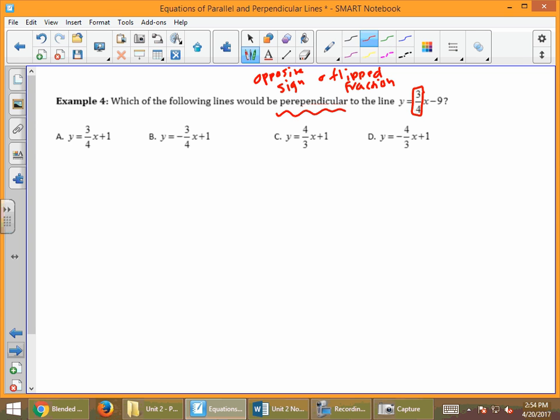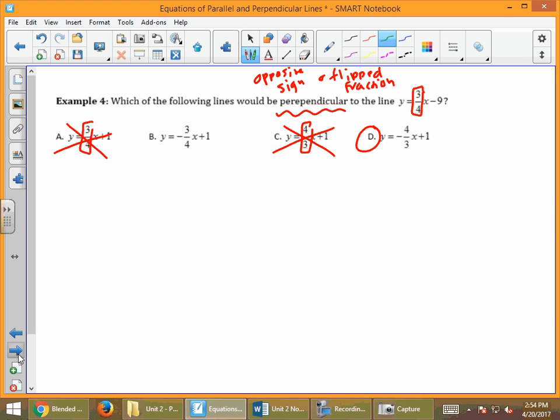Okay. Well, look at all 4 lines. Which one is opposite? We can rule 2 of them out. The slope in A is not opposite, and the slope in C is not opposite. So we can rule C and A out because they're the same signs. So now we at least have a 50-50 shot. But which one's flipped?